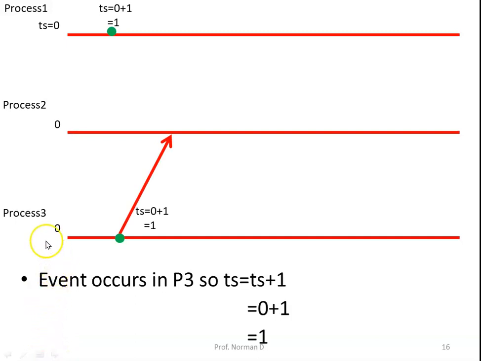Next, an event occurs in P3, that is process 3. The current timestamp of process 3 is also 0 right now. So the event that occurs at this point is timestamp plus 1. So 0 plus 1 equals 1. At this point, the timestamp of process 3 is 1.